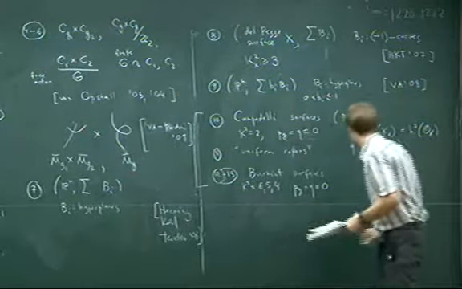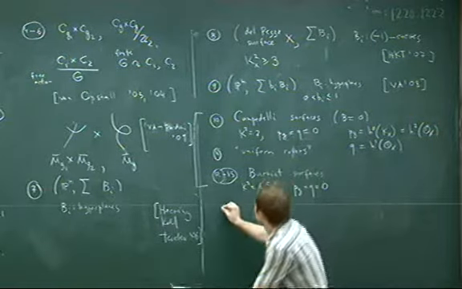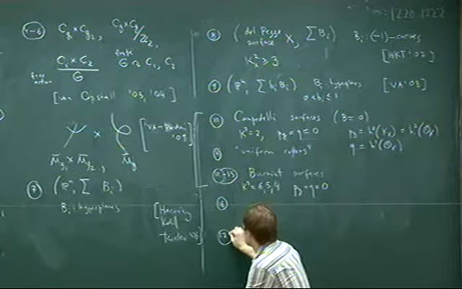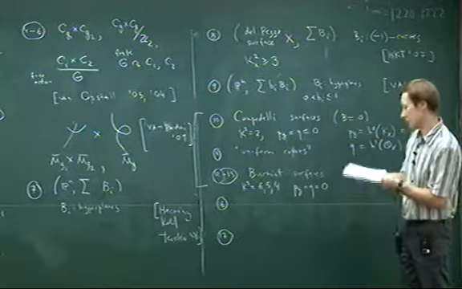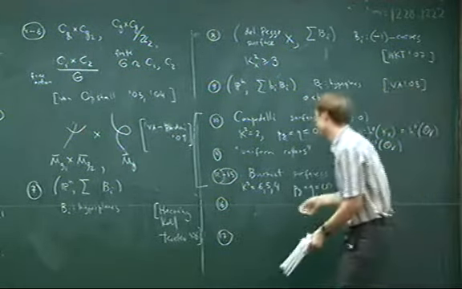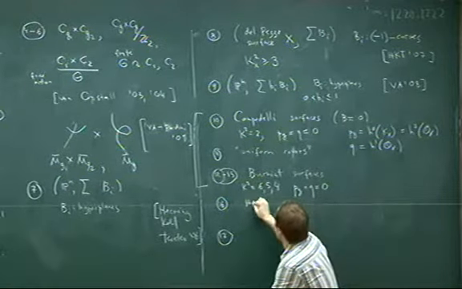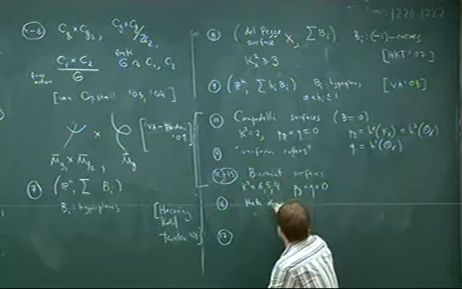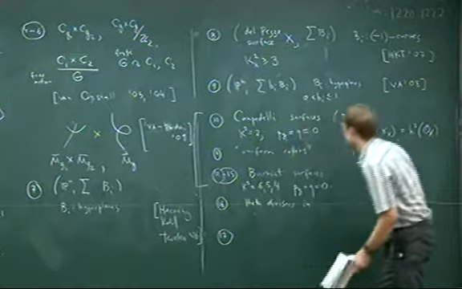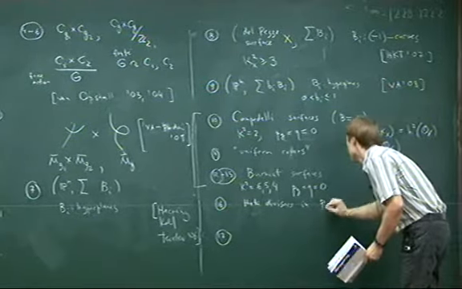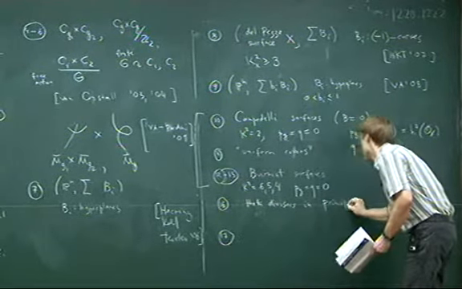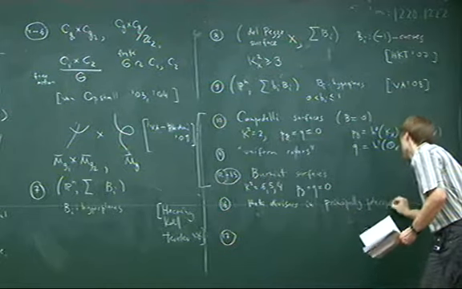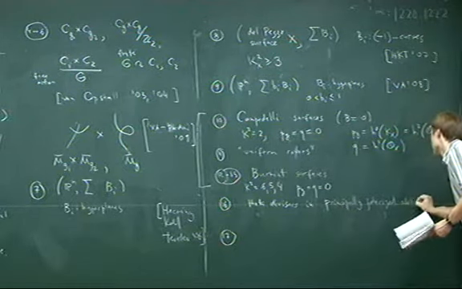And then to this list, I'm going to add two more irregular examples of surfaces. So number 16 on the list is the theta divisors in principally polarized abelian varieties.